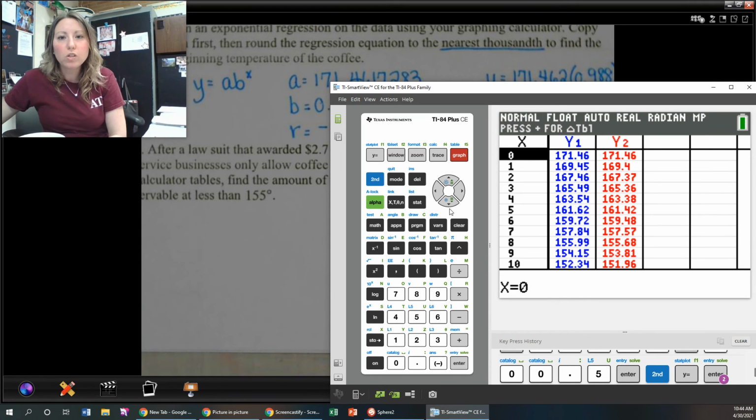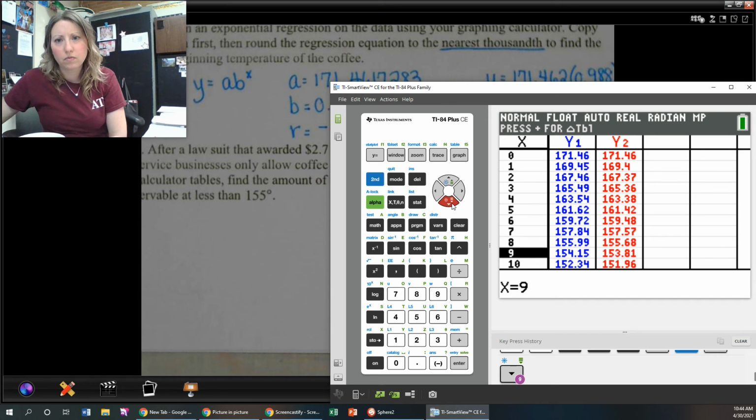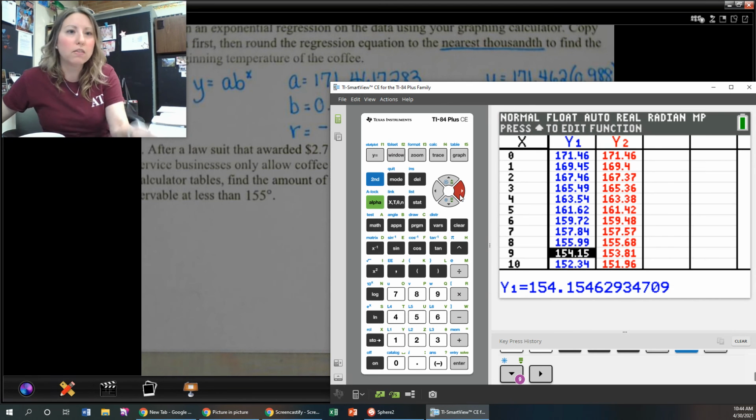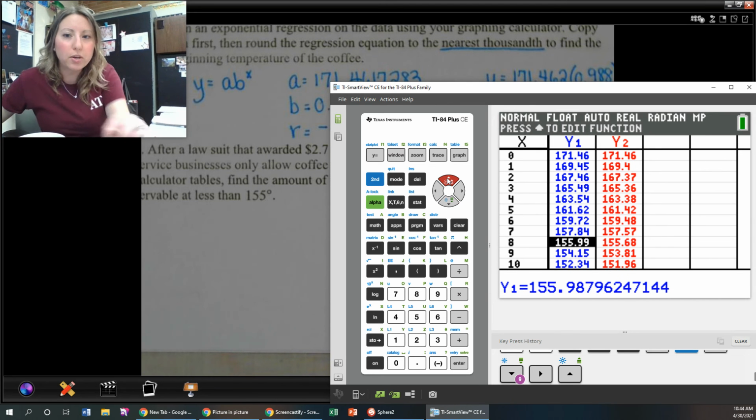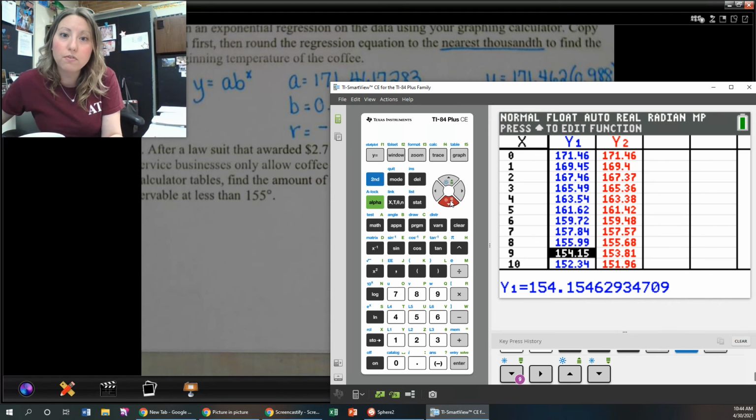So let's look down the blue line, and we get 155.99 here, and then at 9 minutes right here, we've got less than 155 degrees. This is still greater than 155 degrees. Can't serve that. Got to serve a little bit less than 155 degrees.